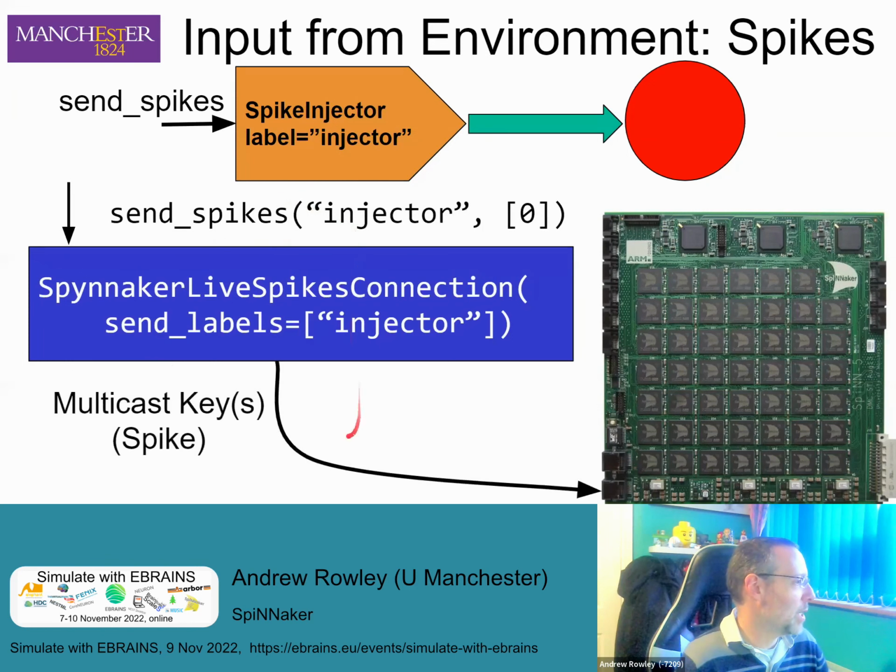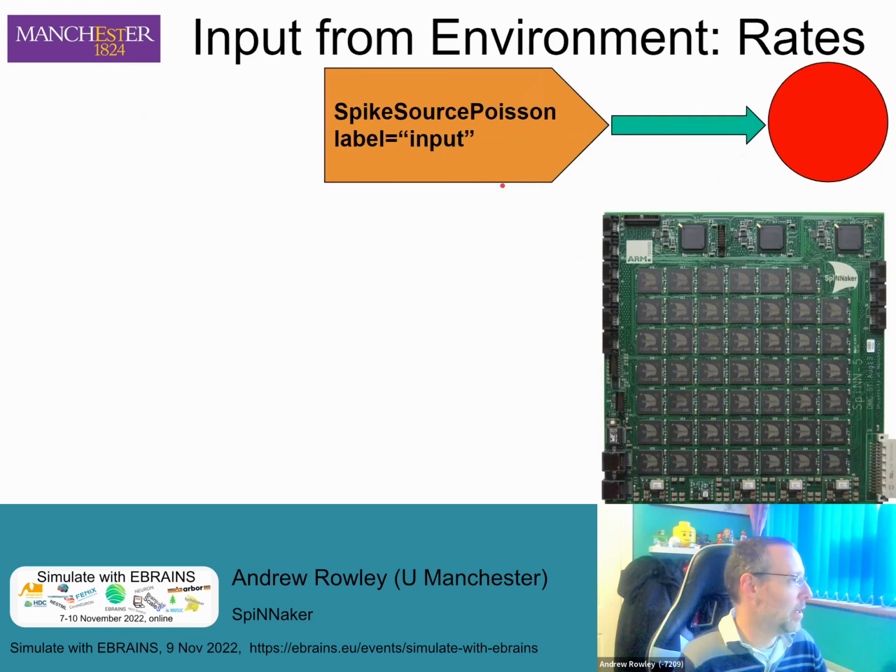So when we call send spikes, it actually sends multicast keys, which causes a multicast message to be sent over to the various populations that this injector is connected to. Once you've got this, you can just create it in a population like before, and you can add it into your Pine network. So you create projections from it to other things. You can't project to it, of course, because it's an injector, so you'll get an error if you try to do that.